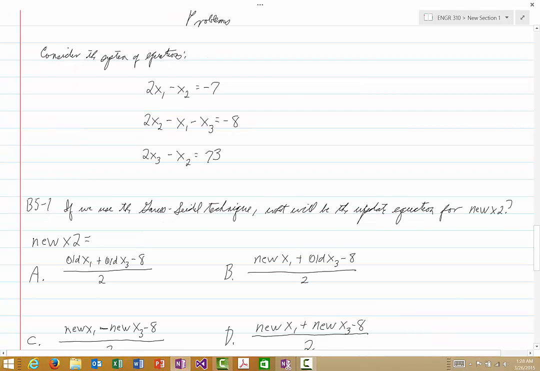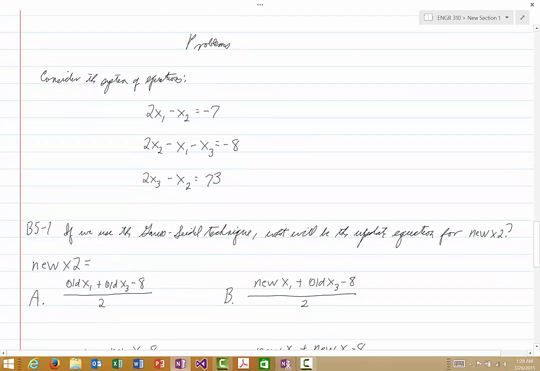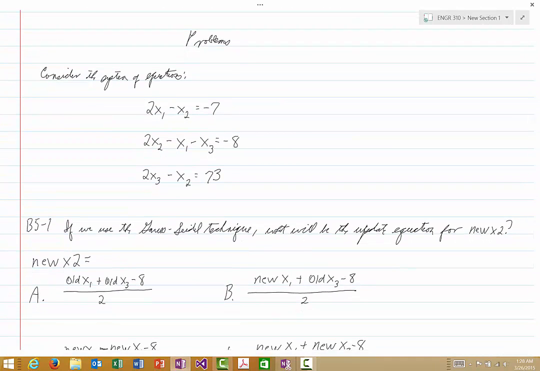So now let's consider the following problems for this lecture. In each of the problems, we will be concerned with this system of equations, which we will want to solve using an iterative technique. And by the way, for the in-class problem, we will still be using this same system of equations.